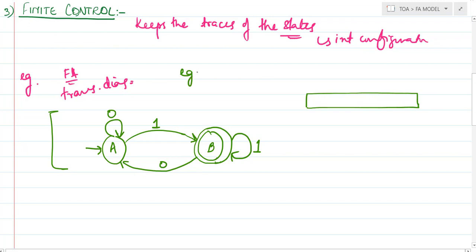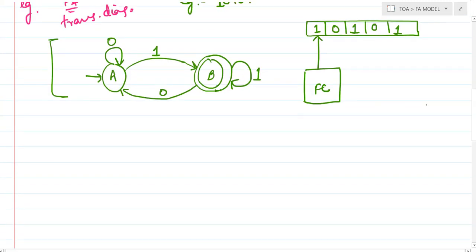See, for example, we have an input string like 10101. So I'll place it like 10101. That is the placement that we discussed earlier. So this over here is the finite control. So how will it read the string?